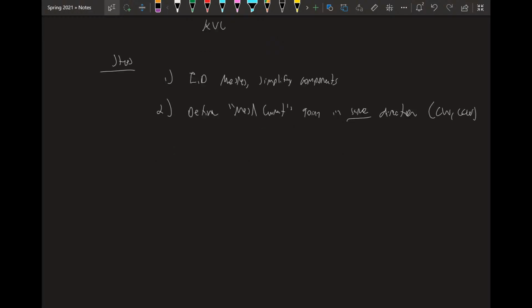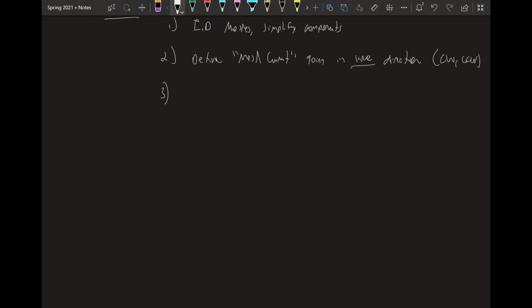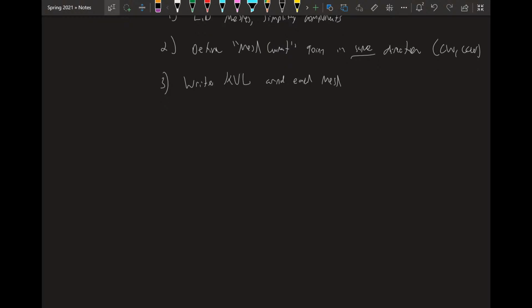And then 3, much like we wrote KCL for node voltage, write some KVL around each mesh, in terms of current.